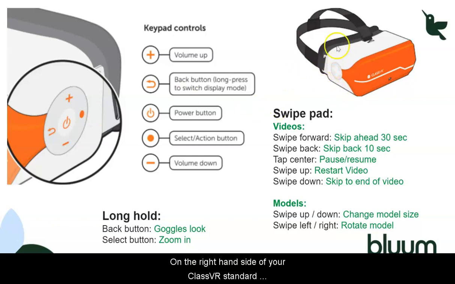On the right-hand side of your ClassVR Standard headset, you will see the swipe pad. Videos are going to automatically play in your ClassVR headset. A tap on the swipe pad will pause or play your video. A swipe from the center of the swipe pad forward towards your nose will skip ahead your video 30 seconds.